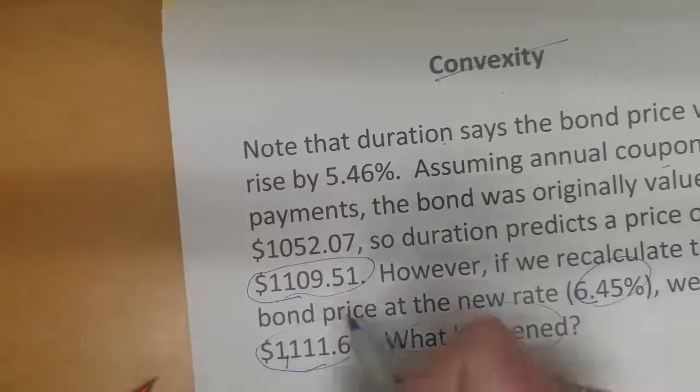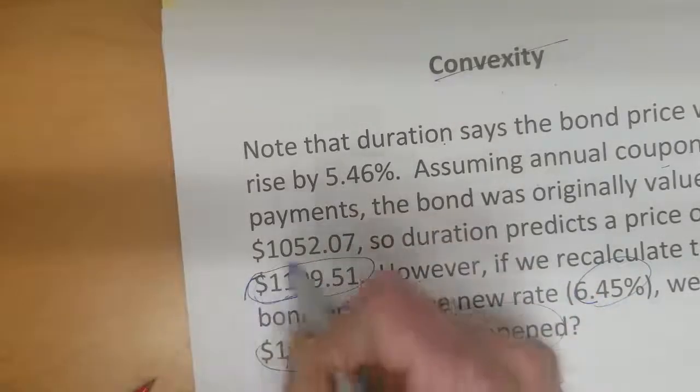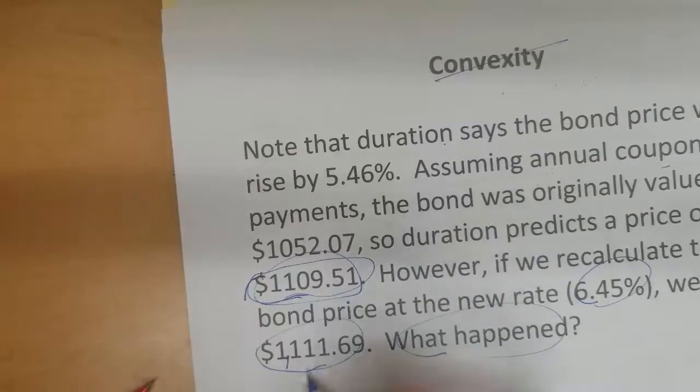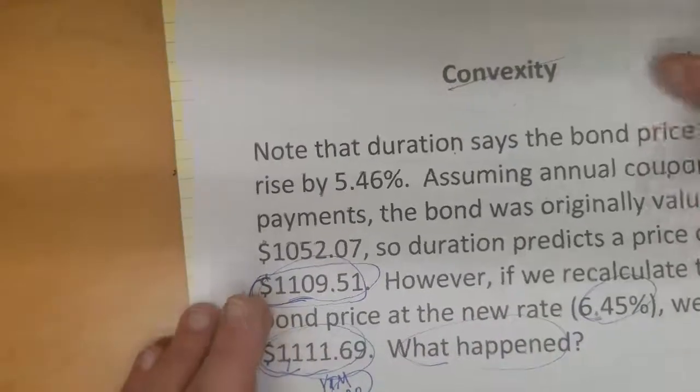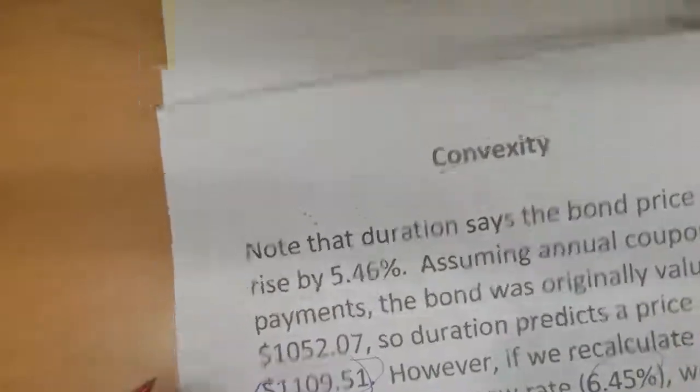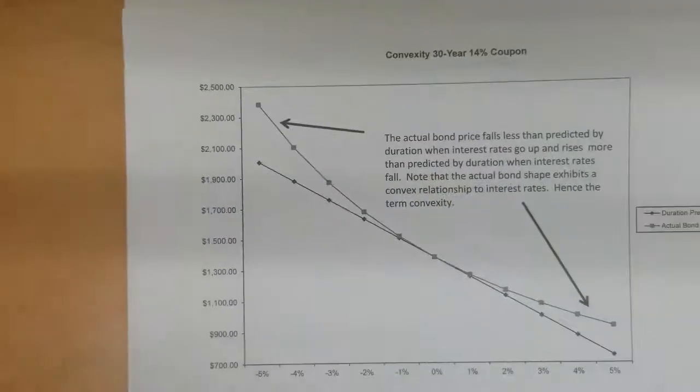So what's the difference between these two? This is the predicted. This is the actual, given the new YTM with a drop of 0.80. So what happened? Let me show you. This is where I'm getting to. This is a big point in this chapter.